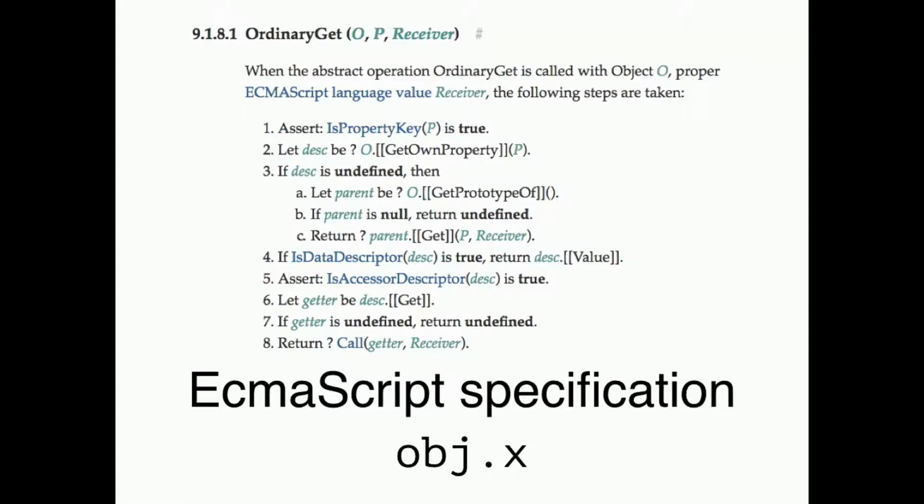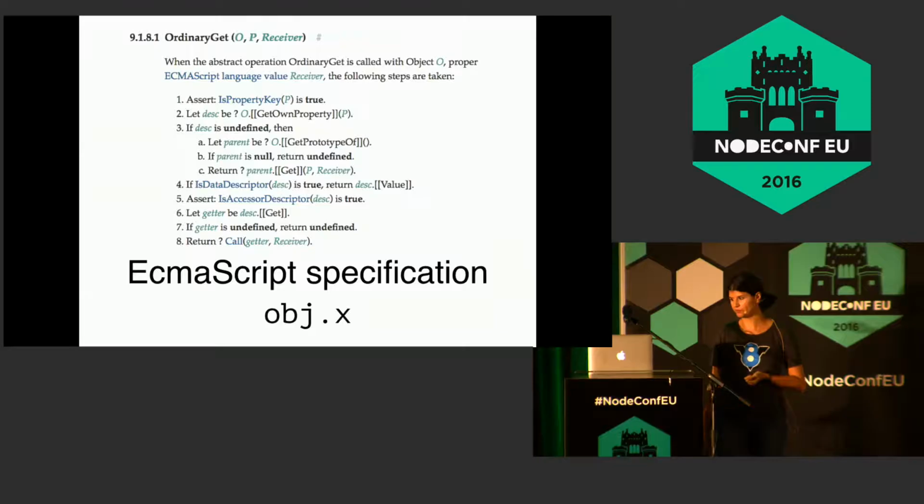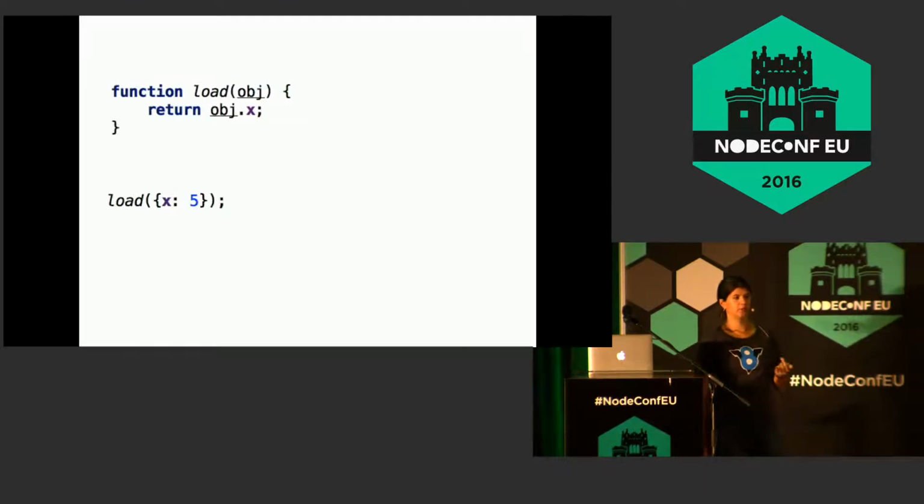This very simple object.x has 8 different steps in the specification that have to be done. And since you're doing property accesses all the time in JavaScript, always getting values and storing values into them, and this is so expensive, V8 has a few tricks to make property accessing faster.